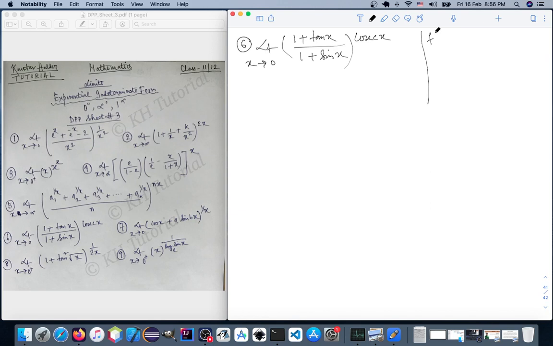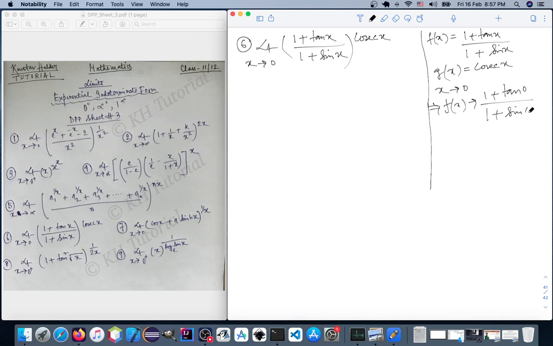So fx here is 1 plus tan x by 1 plus sin x, and gx is cosec x. So when x tends to 0, fx is tending to 1 plus tan 0 by 1 plus sin 0.